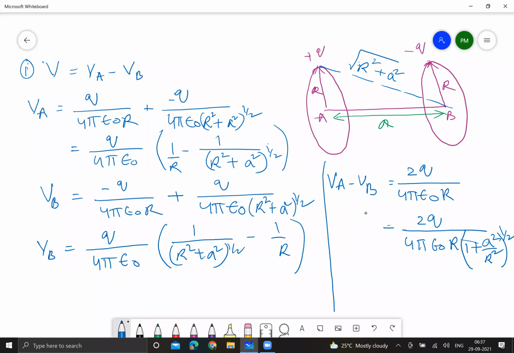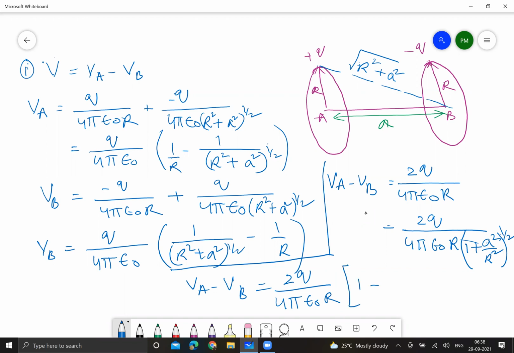So finally, I will be getting VA minus VB as 2Q by 4 pi epsilon 0 R into 1 minus 1 by root of 1 plus a square by R square.